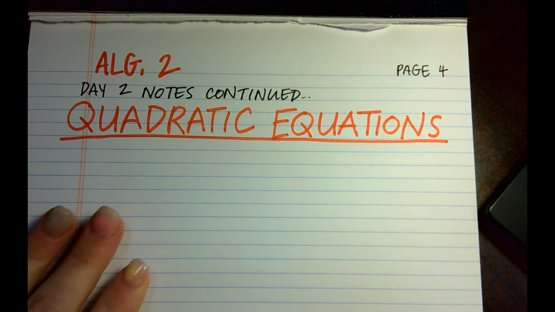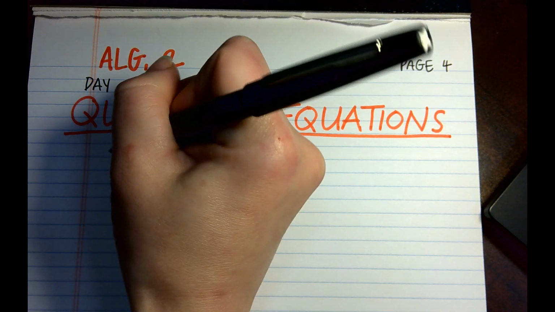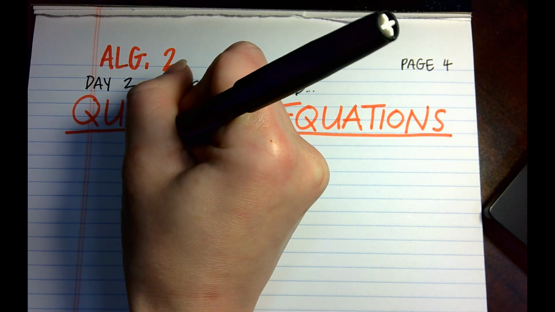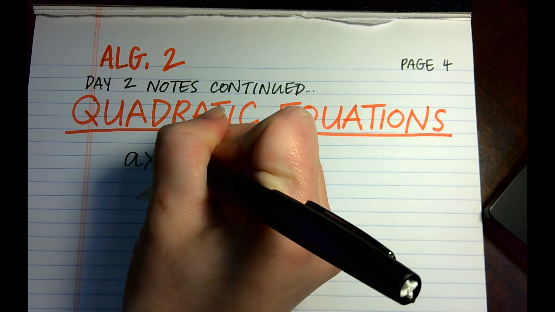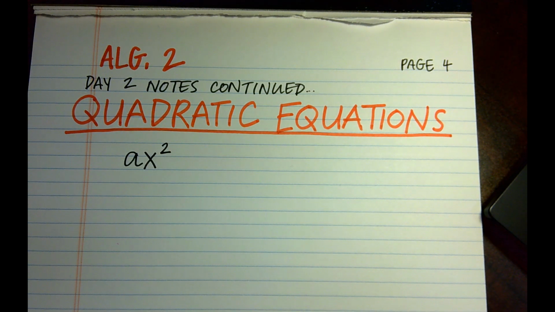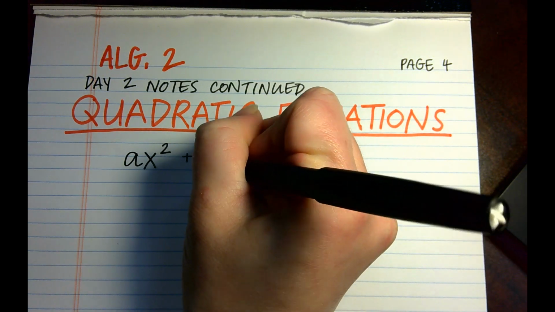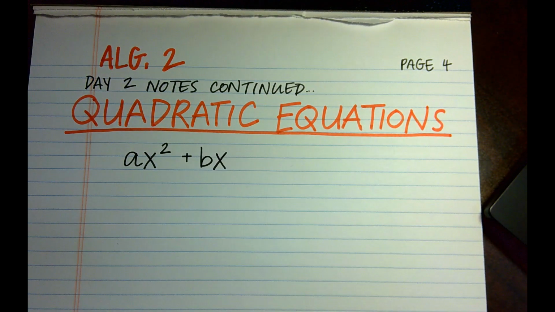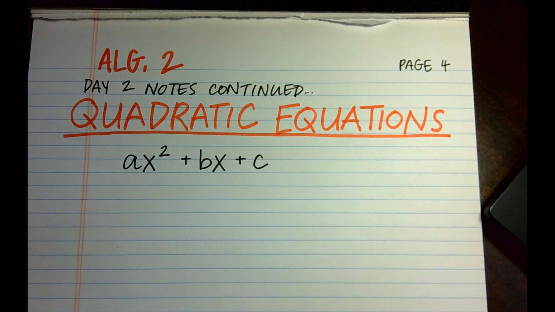Now, I'm going to give you kind of the form of what it will look like. And that form is ax squared plus bx plus c.